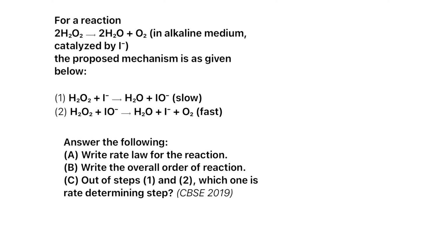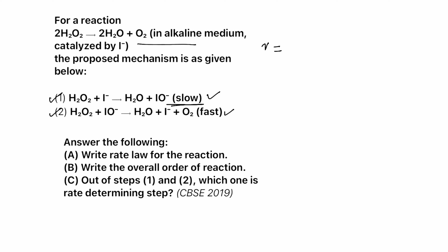Here we have a complex reaction, which is split into two elementary reactions. And in the question it is given that the first step is the slowest step. From the slowest step, we can write the rate law. Remember, these two steps are elementary reactions.